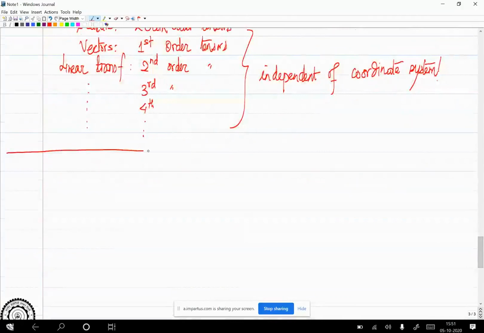Does anybody have any question? Yes? Higher order tensors, third, fourth, and higher order tensors are also linear transformations, right? Yes, you are right, but they do not take a vector and give you another vector.